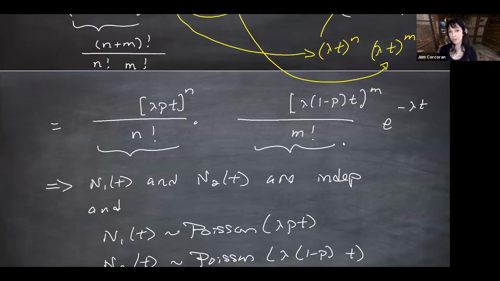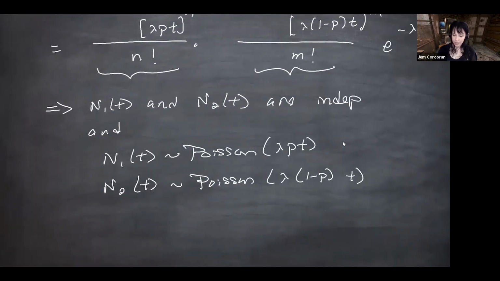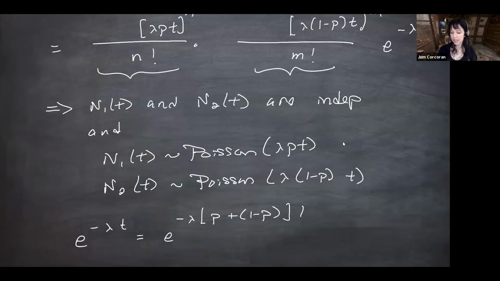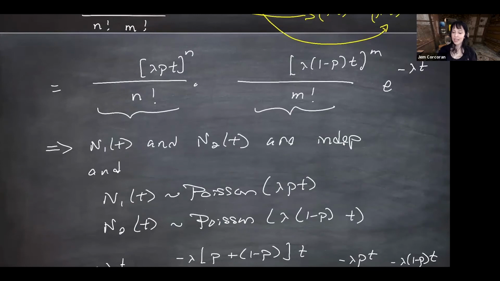But because I wanted them to look like the two Poisson distributions, e to the minus lambda t is e to the minus lambda (p plus 1 minus p) t, which is e to the minus lambda pt times e to the minus lambda (1 minus p)t. So that was a pretty artificial move in order to distribute this over here and here to see the two different Poisson processes.